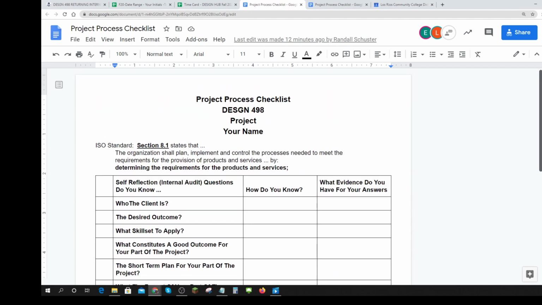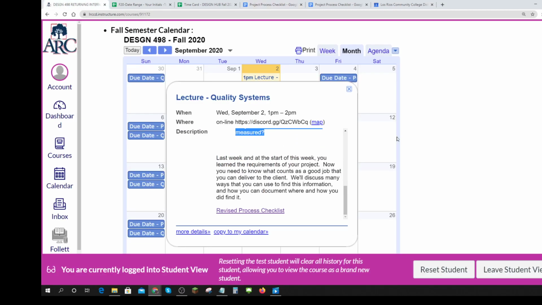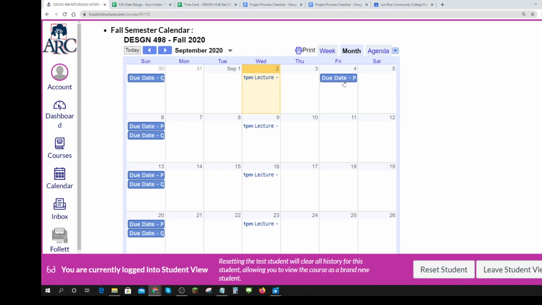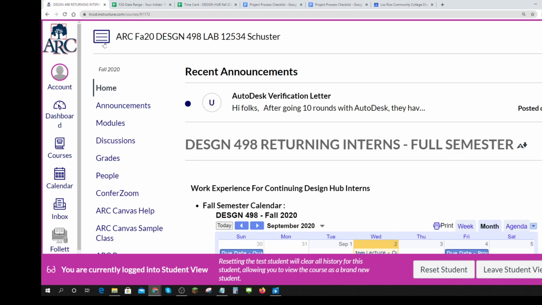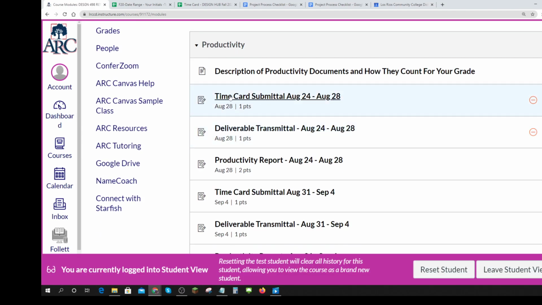Okay, let's go over just really quickly what's going to be due on Friday at the end of the day: your time card, your file transmittals, and your productivity reflection. Does anybody need me to go over those real quick? You find those right here.